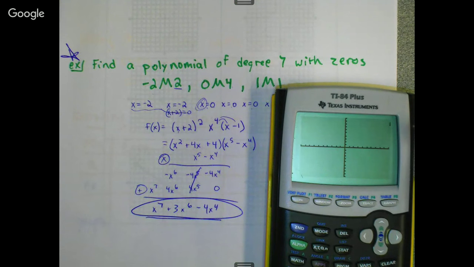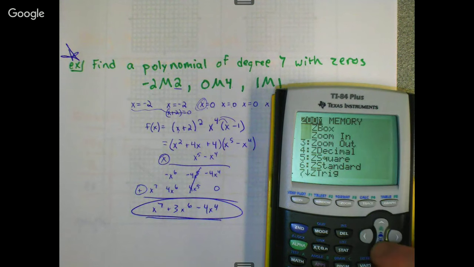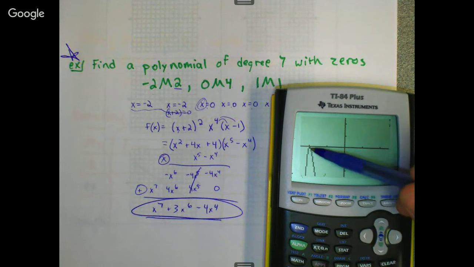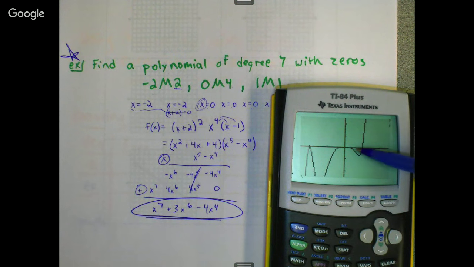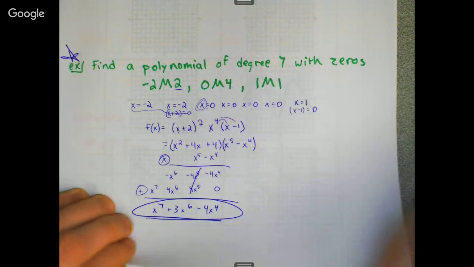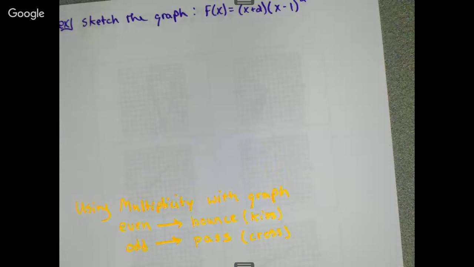Graph. So -2, 0, and 1. Now, if we zoom in just a little bit here, you'll notice it does some funny stuff around those 3 points. And we'll get to talking about that here in just a second.